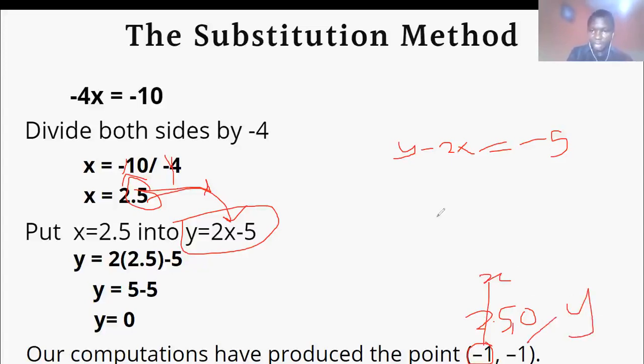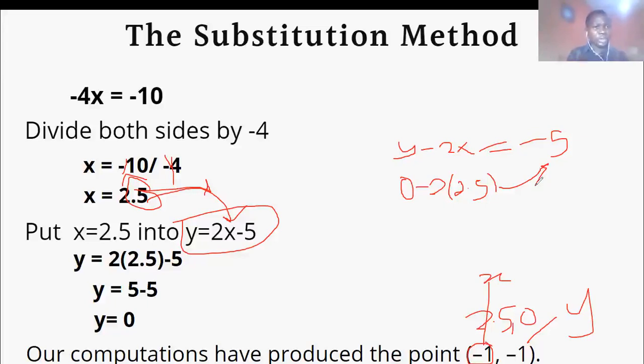So we have 2.5, our y is 0, minus 2 times 2.5. 2 times 2.5 is 5, minus 5. So you could see that we're able to arrive at this point. So that's a perfect example, and we've gotten our answer right.